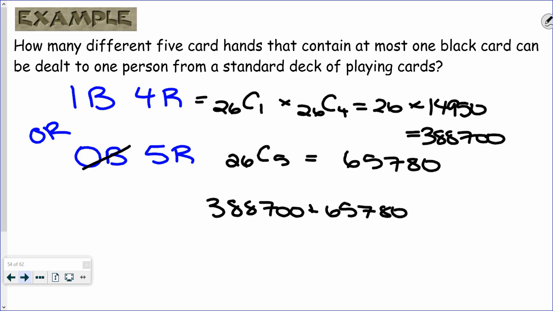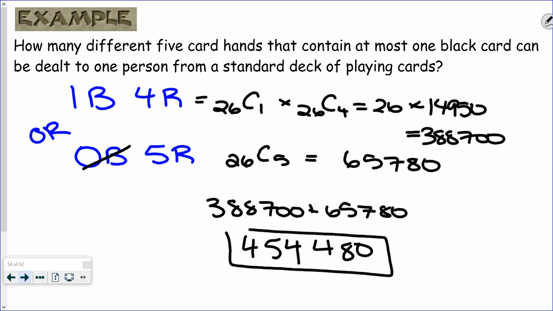It's one or the other that needs to happen. So that is 454,480. So that is a question of combinations, because order doesn't matter when I'm being dealt cards. I'm going to use a combination.